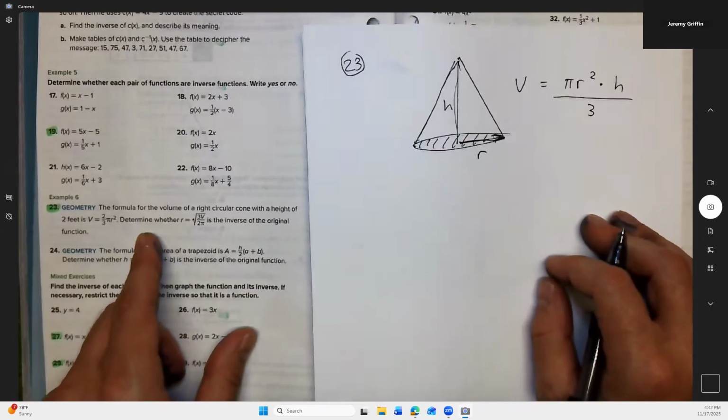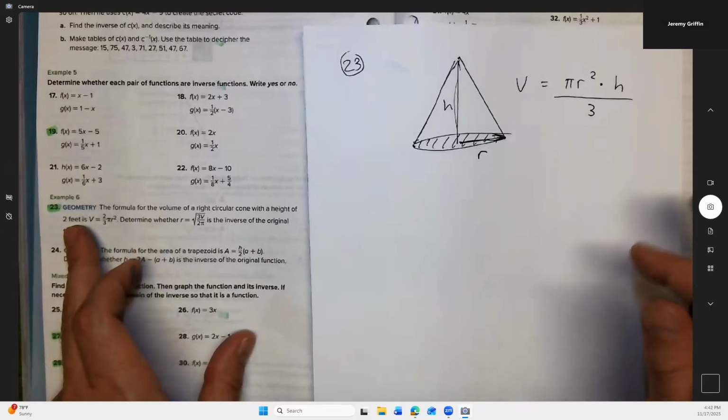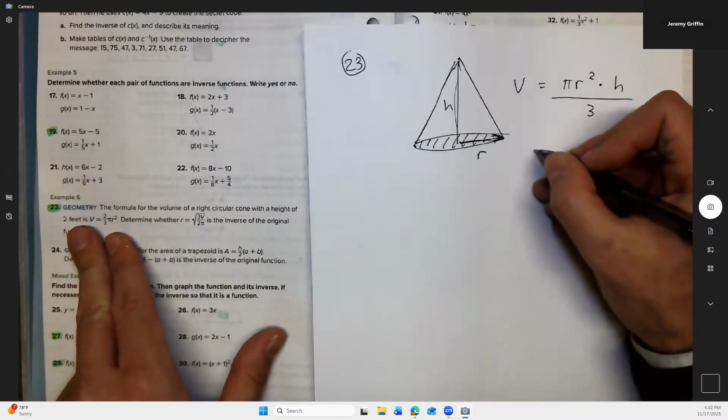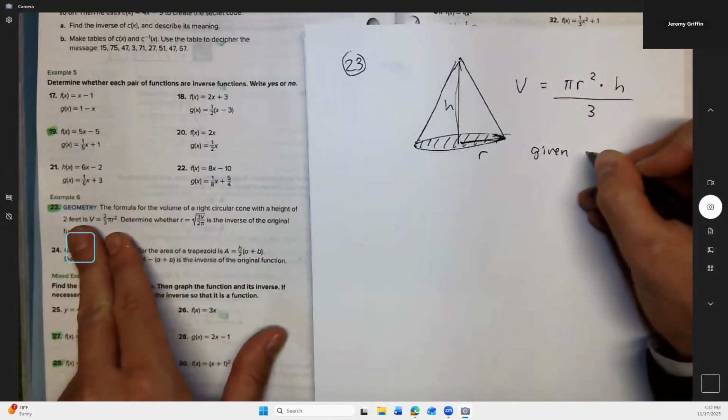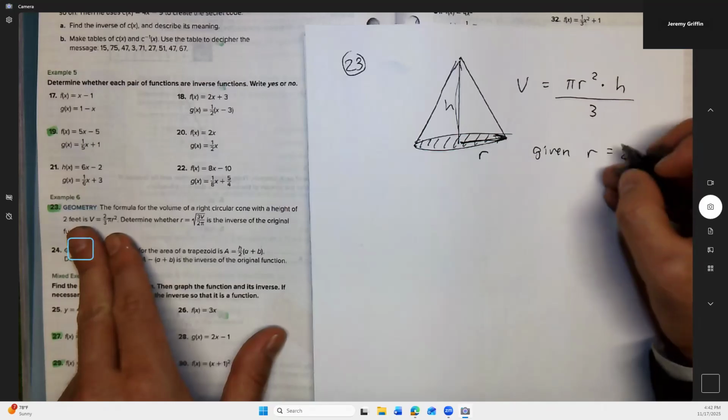Now, they're plugging in a 2-foot radius. Sorry, height is 2.